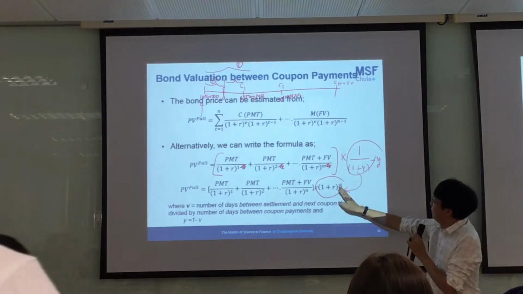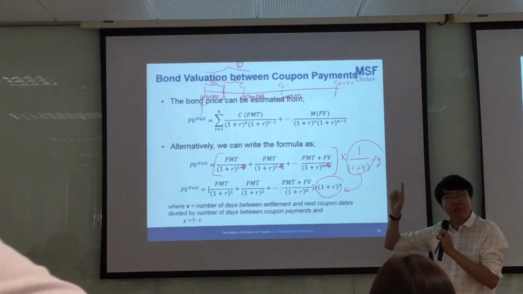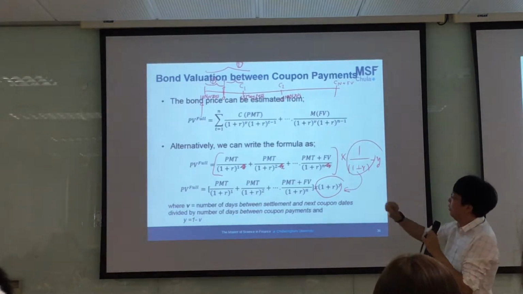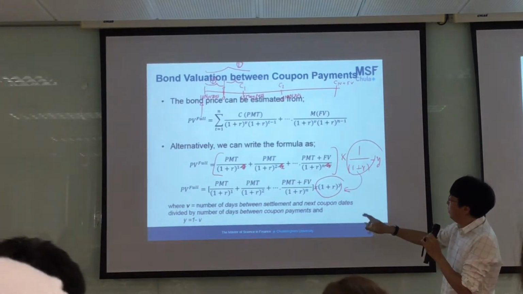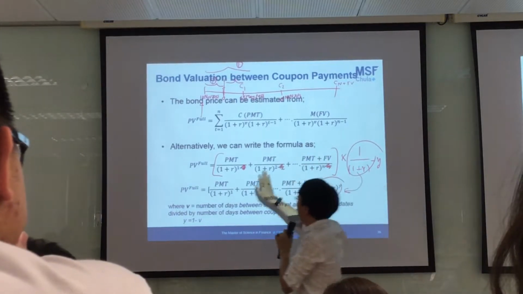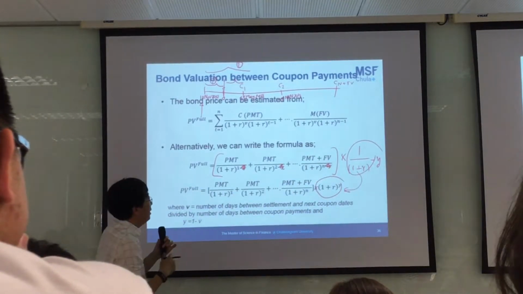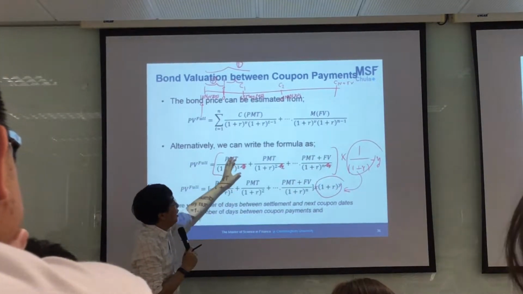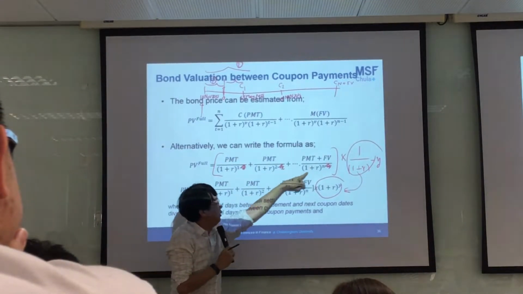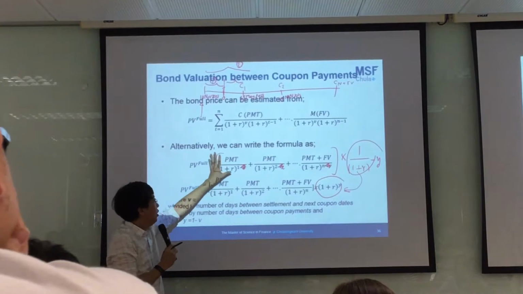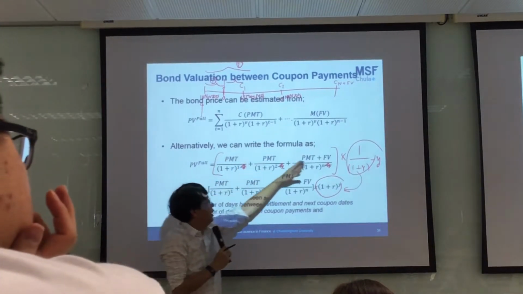After we get this, one thing that I should warn you: sometimes some students get confused between the formula in the bracket and this formula. Some students misunderstood that this equation is for the flat price. No, not at all. This is not a flat price.